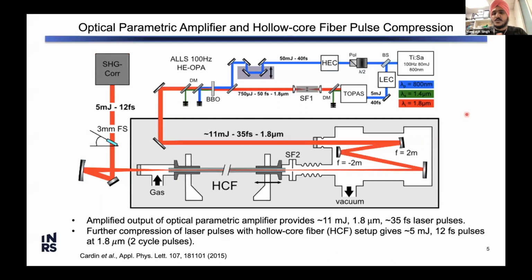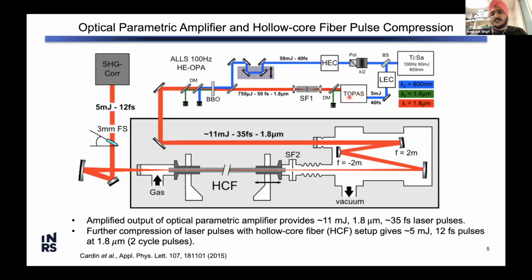This is a quick overview of the laser source that we use for our experiments. In ALS, we have an amplified titanium sapphire laser source at 100 Hz repetition rate, which can provide up to 80 millijoules of compressed femtosecond pulses. We can use this laser directly if we need 800 nanometers, or we can drive the optical parametric amplifier source using this laser.